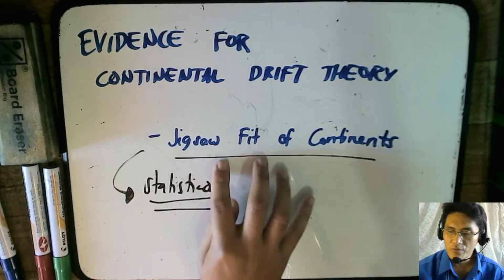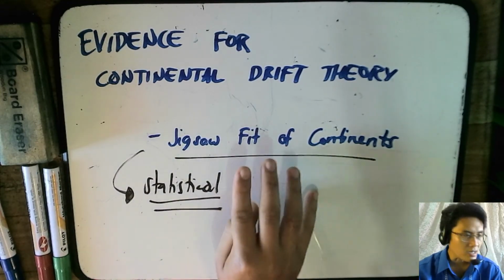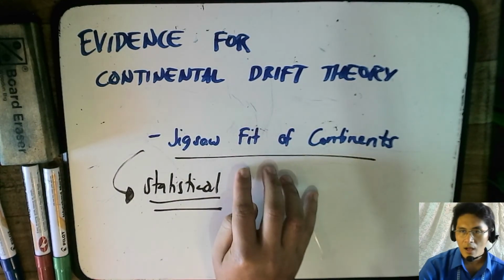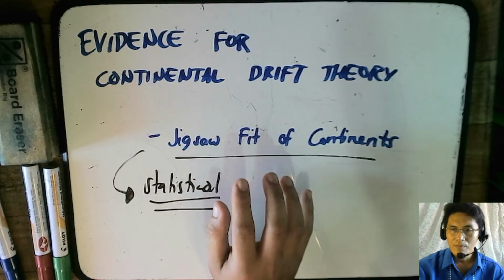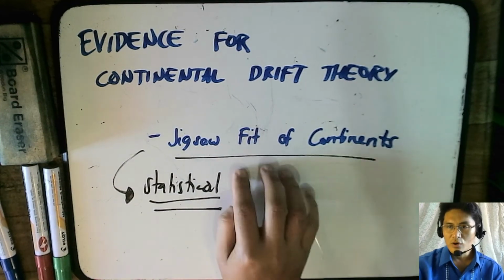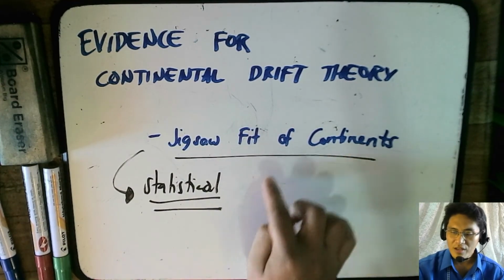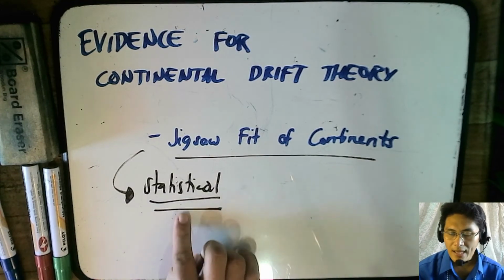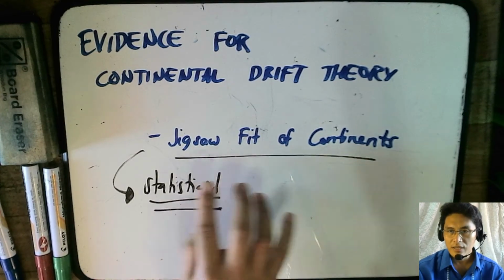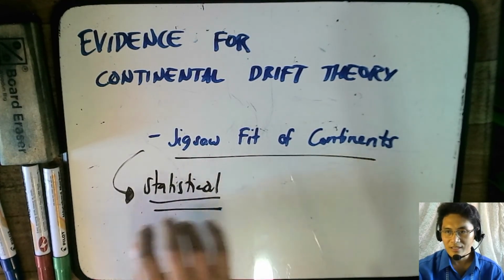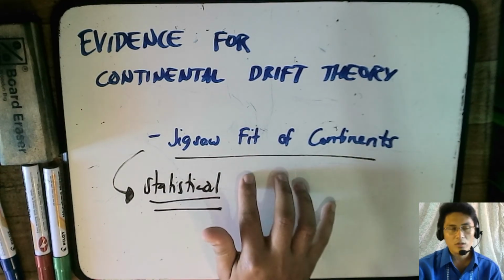So the jigsaw fit of continents is not just a trick that our brains made for us in order to force the issue, but there is statistical backing that the edges of the continents really do fit with each other.